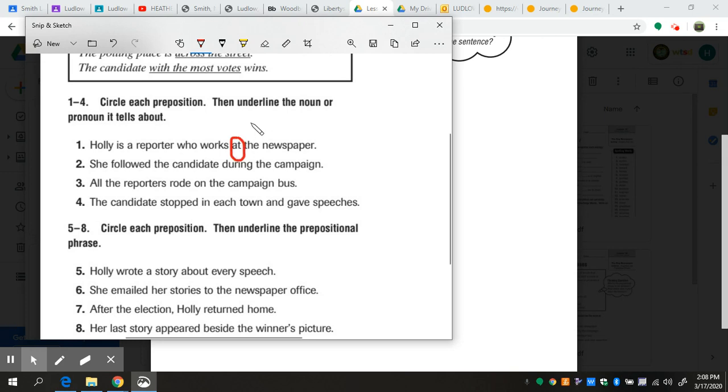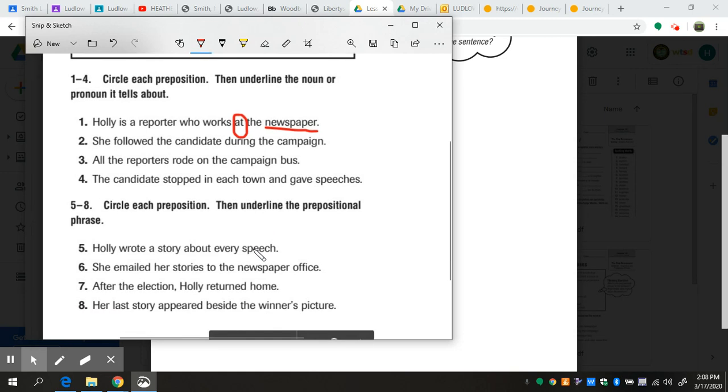Well, at is telling me where something is happening. So I need to ask myself which word in this sentence answers the question, where? Where does Holly work? Holly works at the newspaper. So newspaper is the object of my preposition or the noun or pronoun that the preposition tells about.